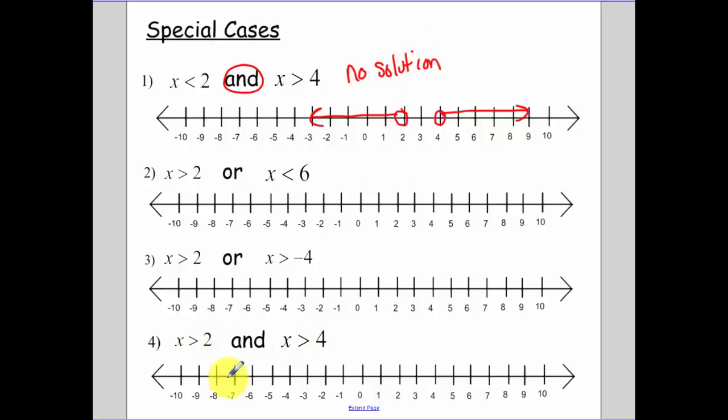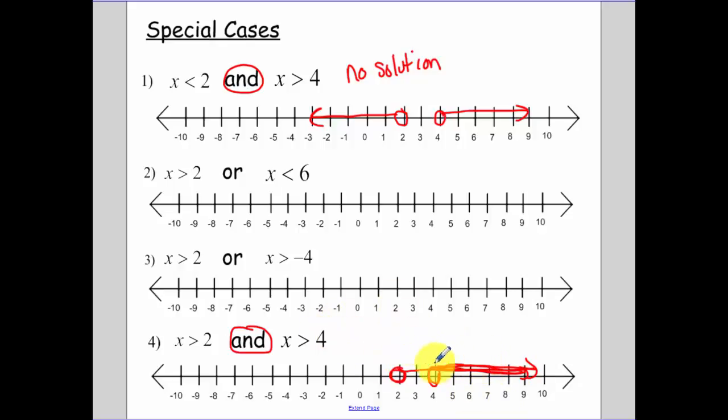Let me jump down here to number 4 and let's look at this different and possibility. X is greater than 2, and greater than 4. Remember it's an and, so both true. What numbers make both of those true? You want to think about where you shaded twice.